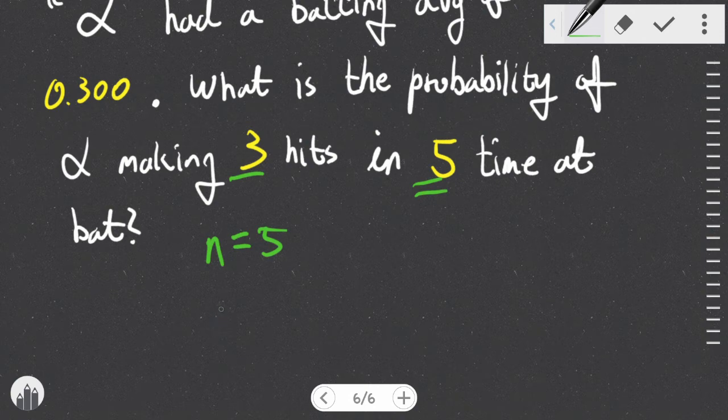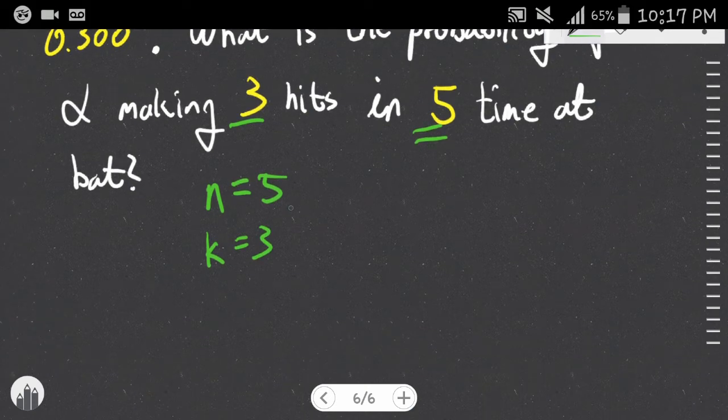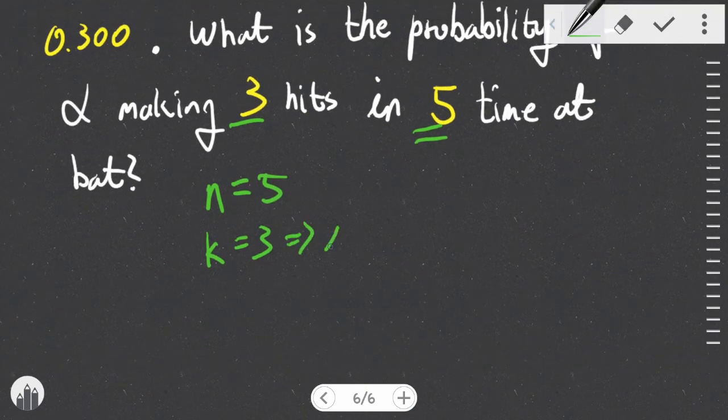And what is the binomial random variable here then? That is going to be 3, which we regard as k. k is going to be 3, the number of successes.